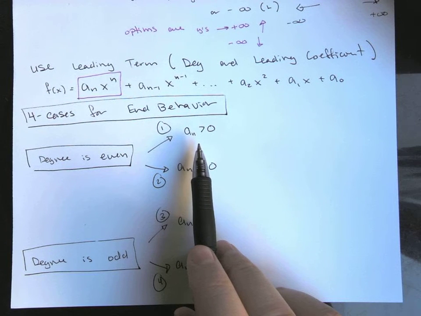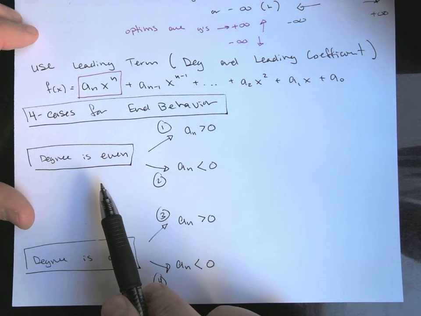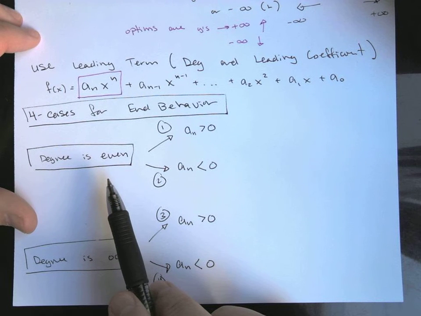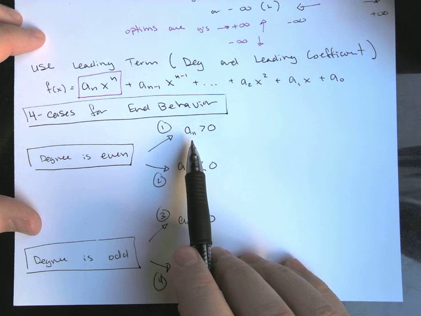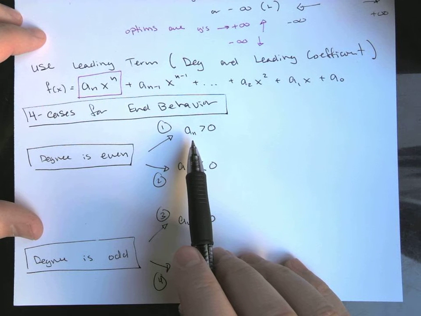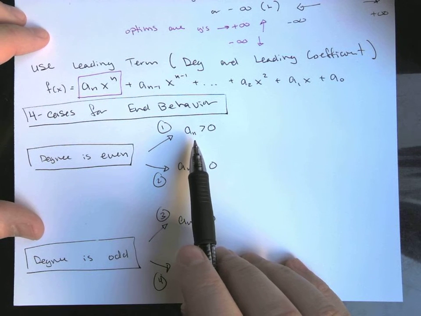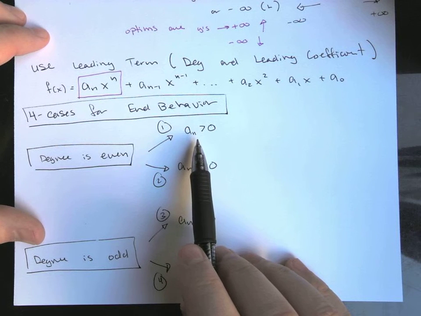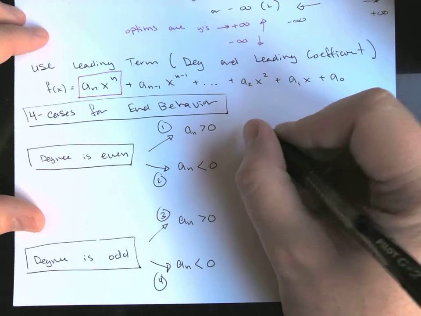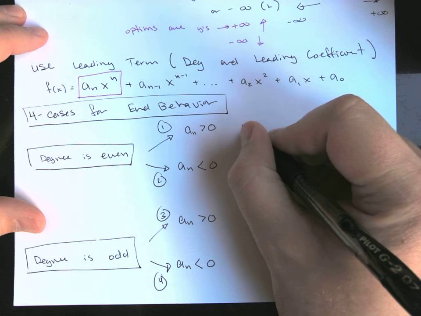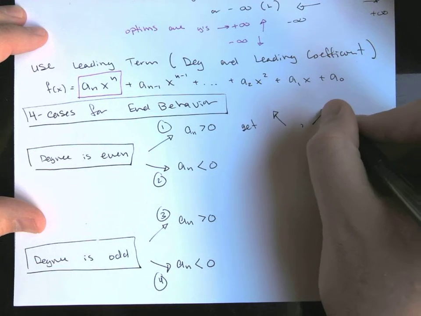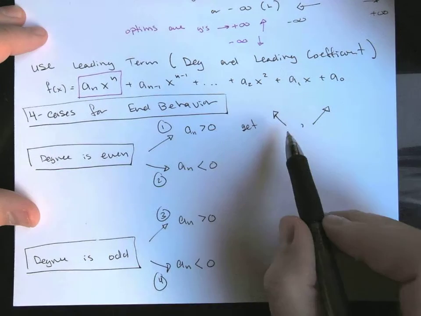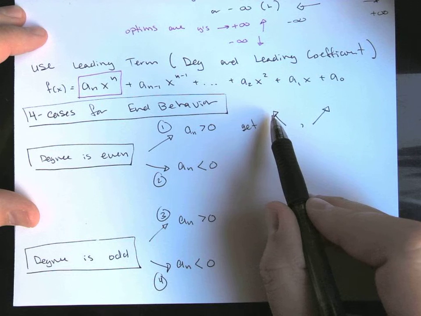Let's go through these one at a time. If the power is even, something like x squared or x to the 4 or x to the 6, you know what even numbers are: 2, 4, 6, 8, 10, and so on. If you have an even degree and your leading coefficient is positive, any positive number or positive 1, like positive x squared or positive x to the 4, with an even degree, the end behavior, I'll draw it with arrows first, is increasing to the left and increasing to the right.